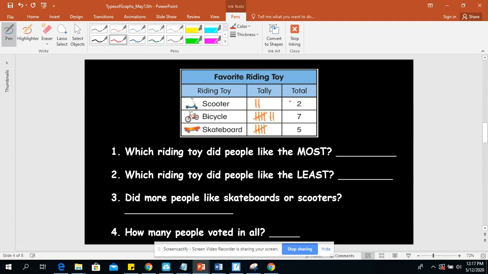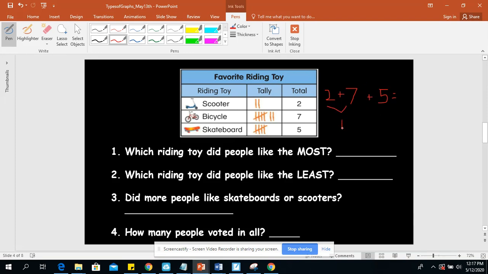Let's add up the totals. So 2 people chose scooter, 7 people chose the bicycle, and 5 people chose skateboard. So to find out how many people voted in all, we have to add 2 plus 7 plus 5.